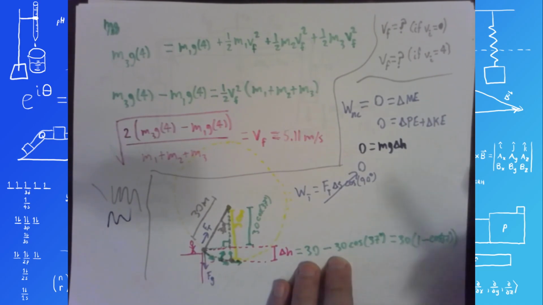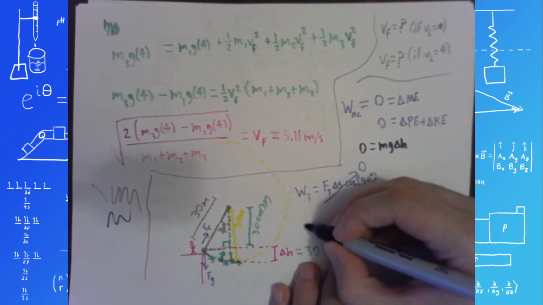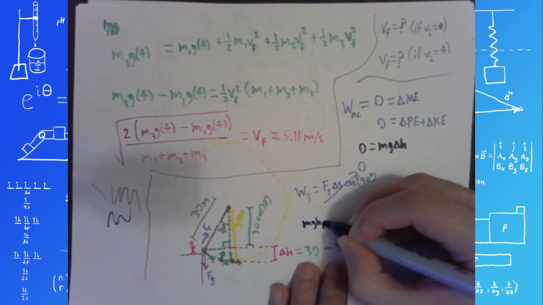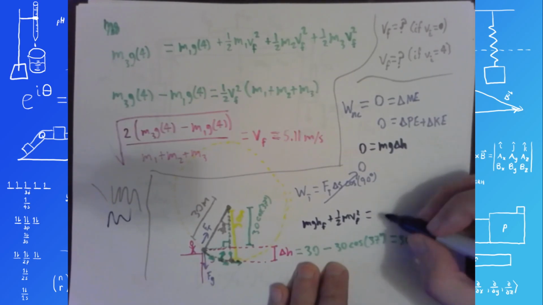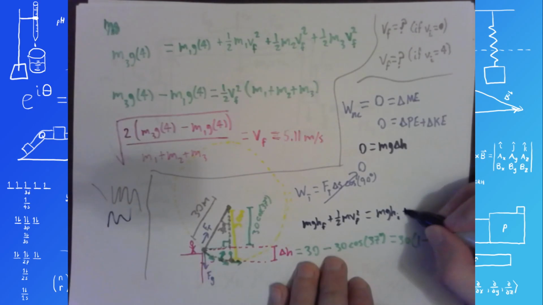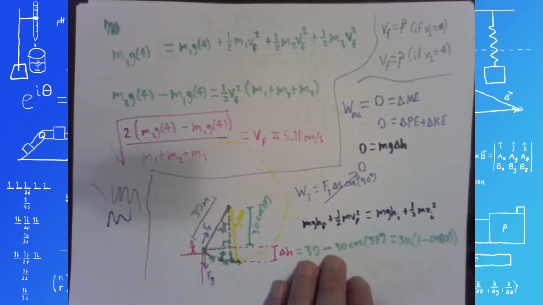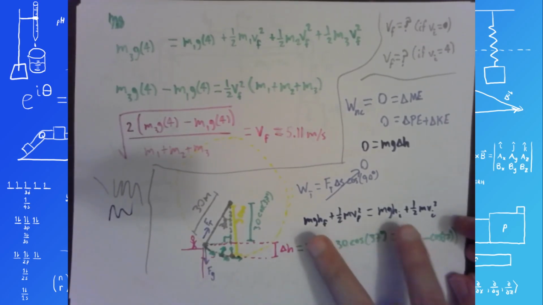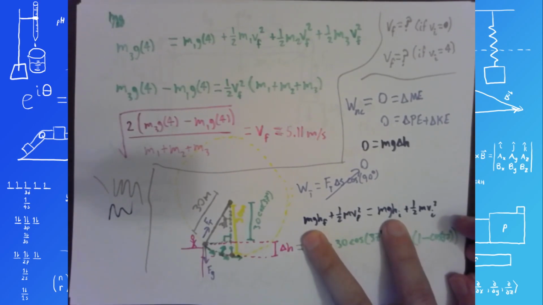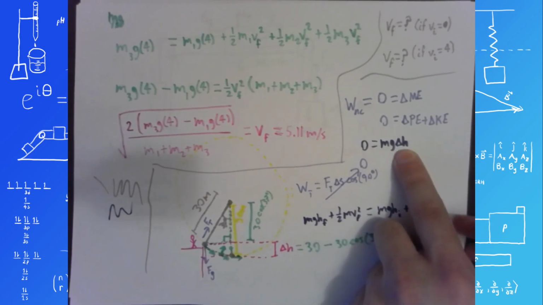We could have also done mgh final plus 1/2 mv final squared equals mgh initial plus 1/2 mv initial squared. We could have done this, and then you'd subtract mgh final on both sides, and if you group those together, you'd have mg factored out times h initial minus h final in parentheses, which would still be that delta h.